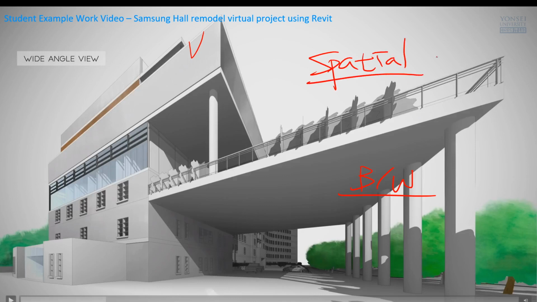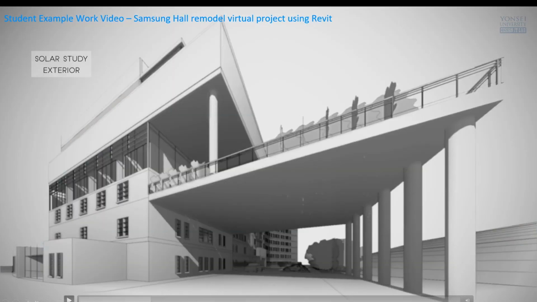Spatial effect using this visualization. That was the intent for showing you this wide angle view. Very useful for this kind of architectural representation. Okay, I'm sorry, let's keep seeing this one.